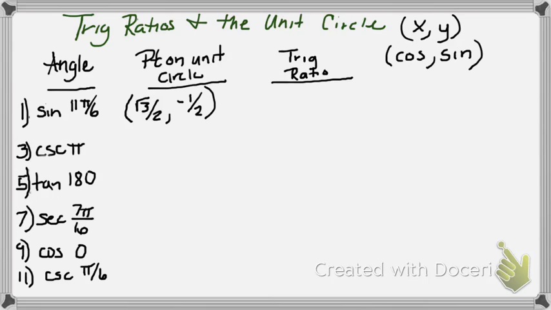All right, so given my point, my cosine of 11 pi over 6 would be the square root of 3 over 2, and my sine would be negative 1/2. So here, since I'm just dealing with sine, I'm just looking for the sine of 11 pi over 6.